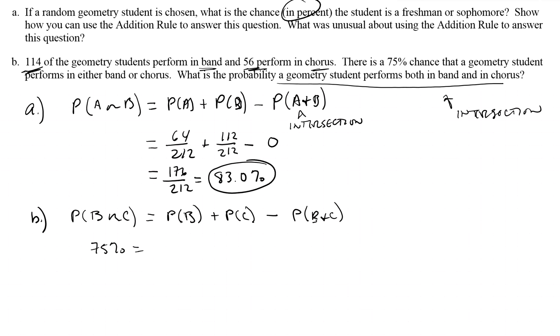Then for band it is 114 over 212, plus 56 over 212, minus the intersection here, and we'll just call it the probability of B and C, of band and chorus.